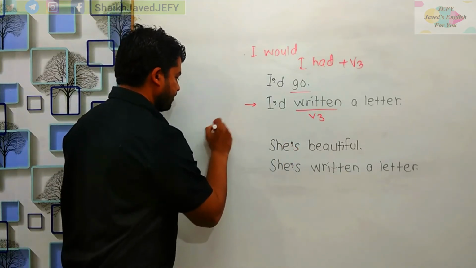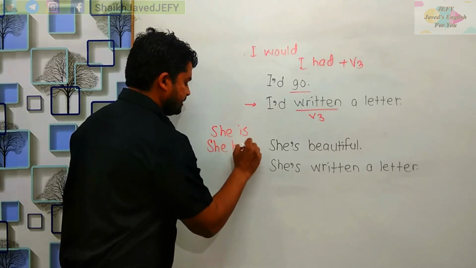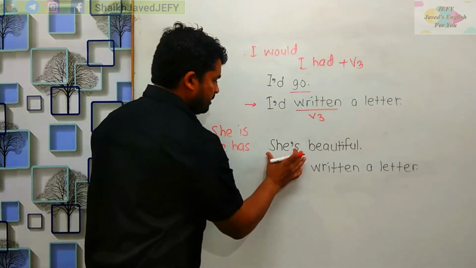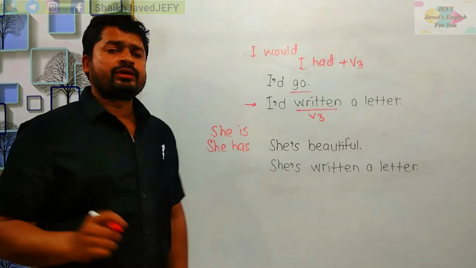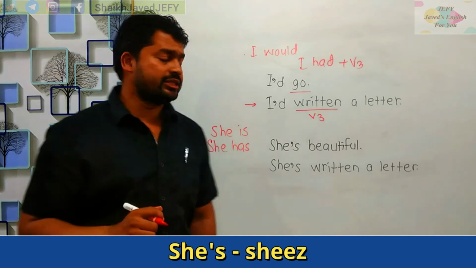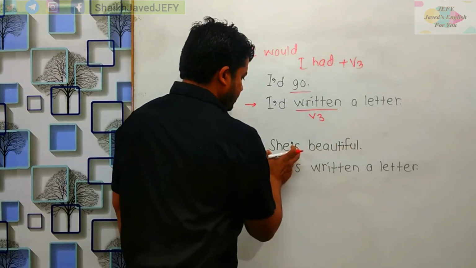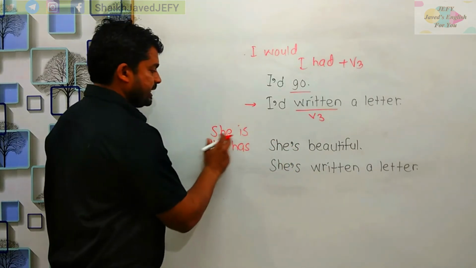And so is the case with this one. It can be she is or she has, but whenever it's written in a contraction, you would always say she's in this way. She's beautiful. So here it's a contraction for she is.